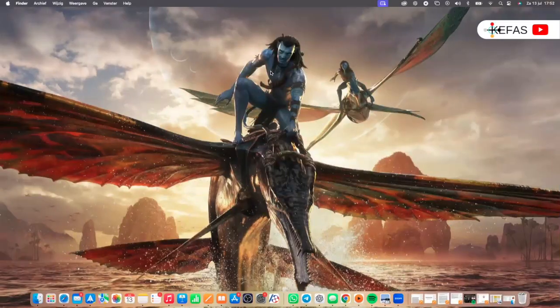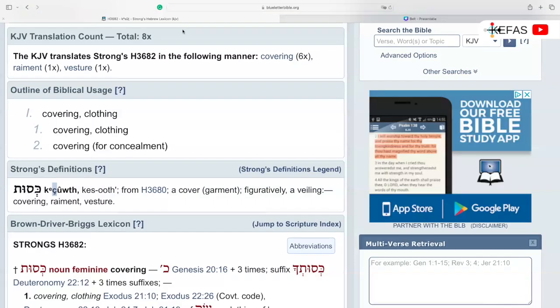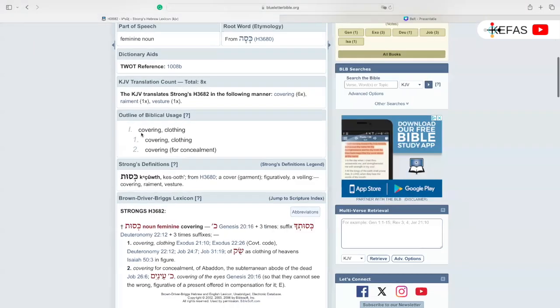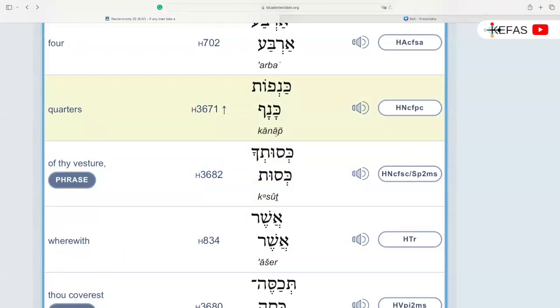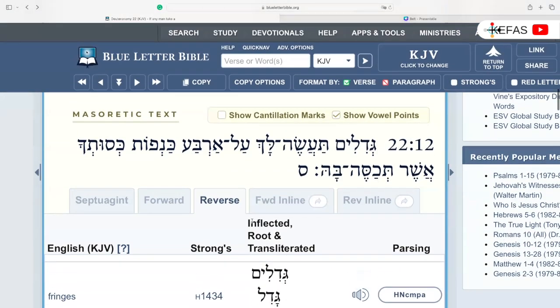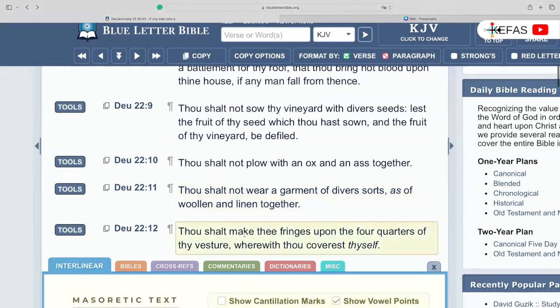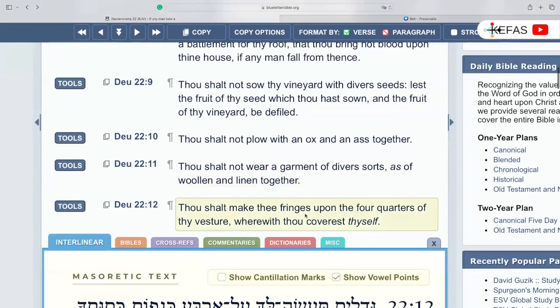So when we go to the word translated as corner, that's this word, kanap, see, quarters. Let's read it again. Thou shalt make thee fringes upon the 4 quarters. 4 quarters of thy vesture.